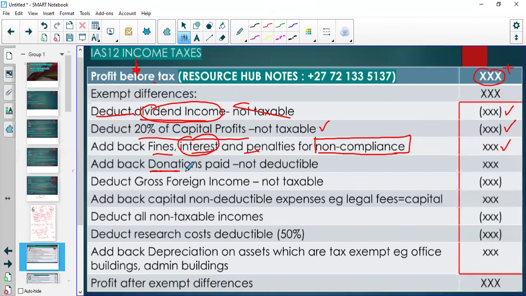If there are donations which are not deductible, we donate and then we are told this is not deductible, we add the amount back. And if there is foreign income and we are told it's not taxable, and it's almost always the case that it's not taxable, then we have to exclude it by deducting it.